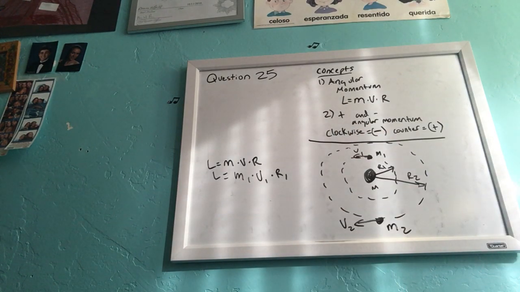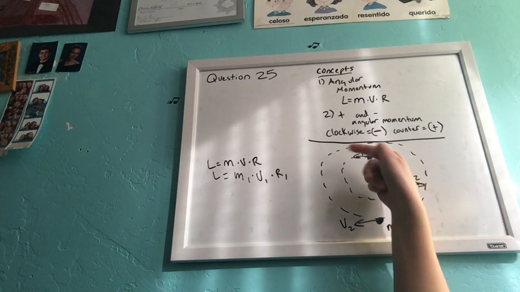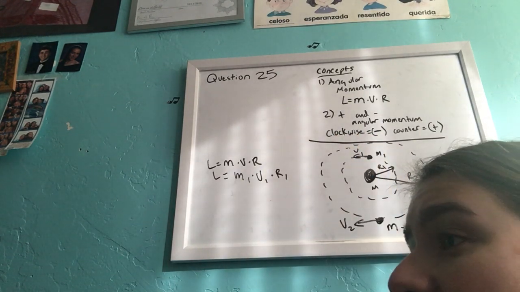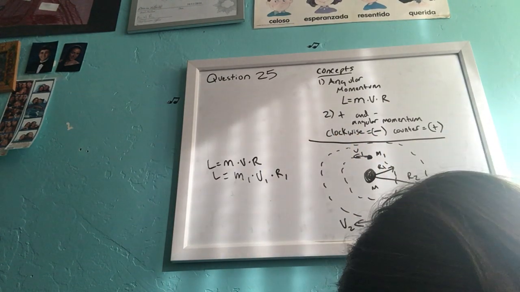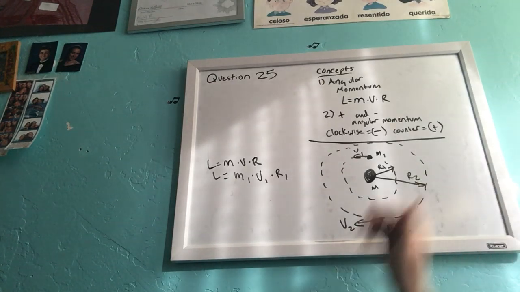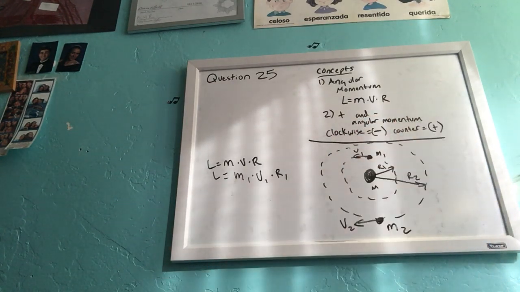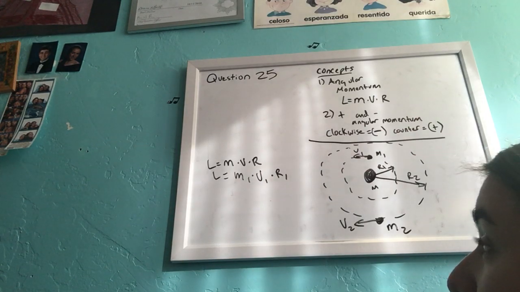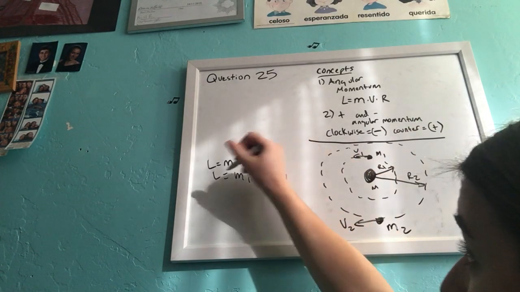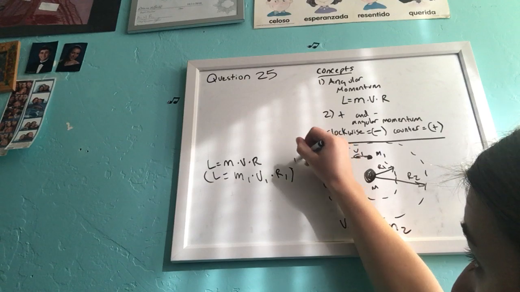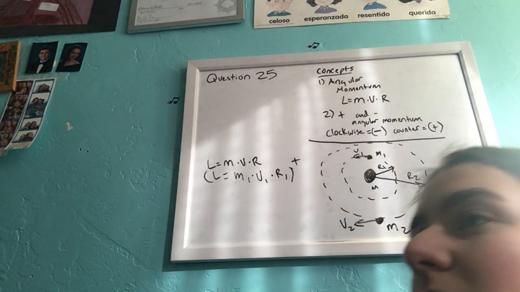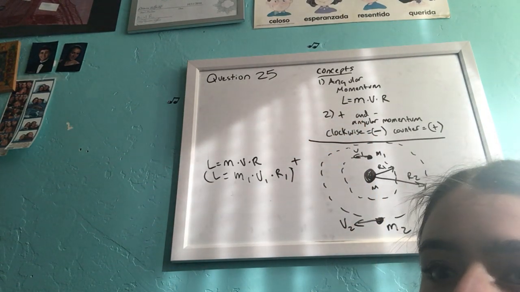And when we look here, it is rotating in the counterclockwise motion. And we can see that because the velocity is going this direction, which is counterclockwise. So this will be positive. So I'll just put here positive. Since it's going counterclockwise, it will have positive angular momentum.